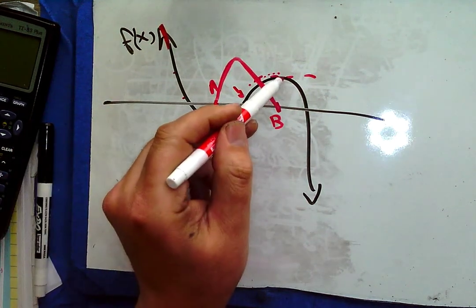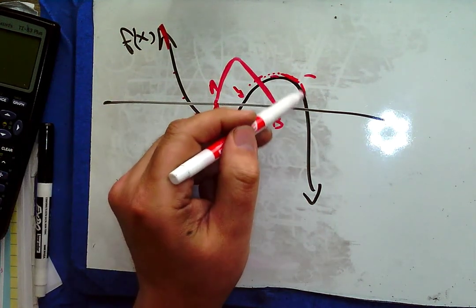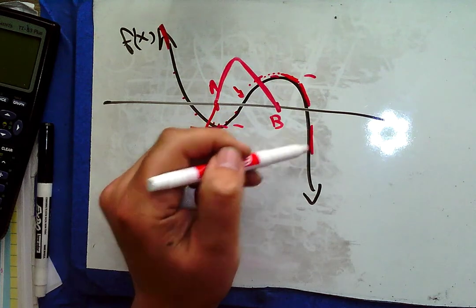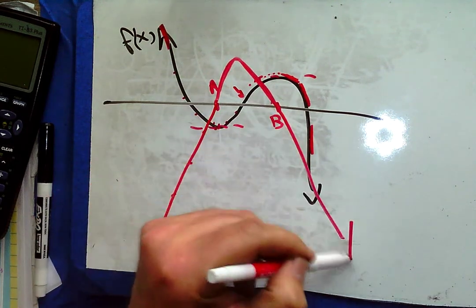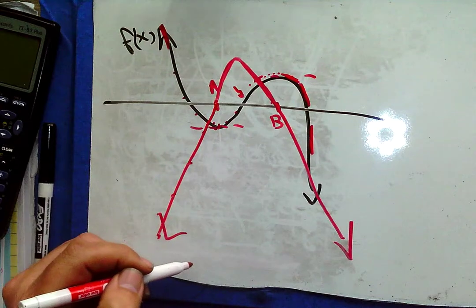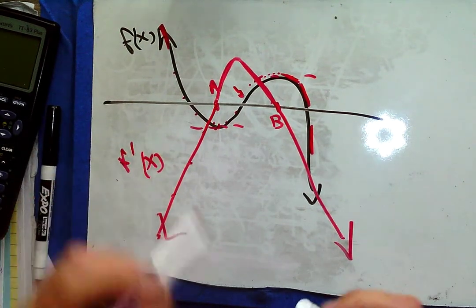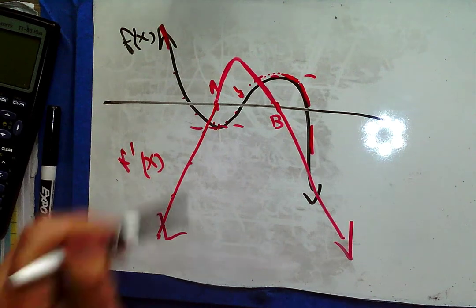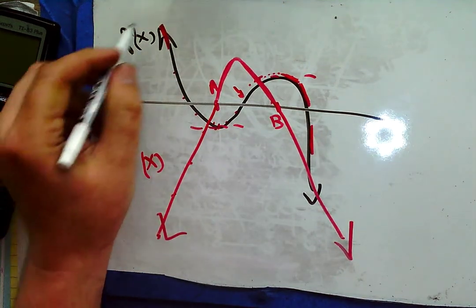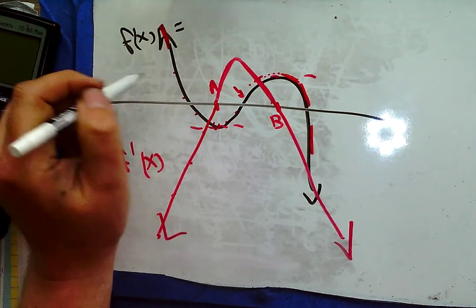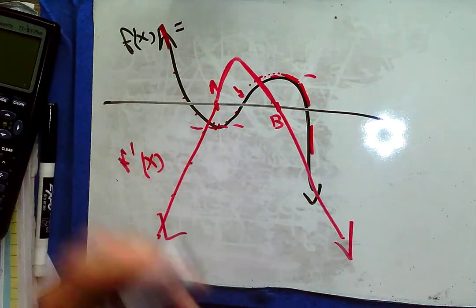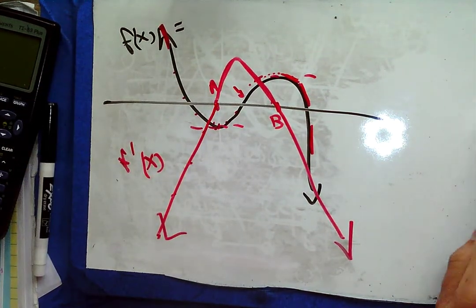And over here, I see the same thing. I see a little negative slope and a bigger negative slope and a very negative slope. And so my graph looks like this. And isn't it interesting that f prime of x looks like a downturned parabola for this f of x, which looks like a negative x to the third graph? I wonder if there's something to that.